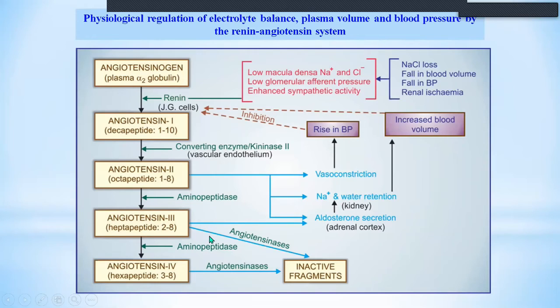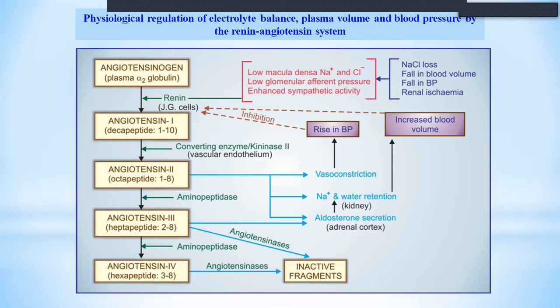Angiotensin 3 acts on the adrenal cortex, and aldosterone is secreted, so sodium and water retention occurs in the kidney. If sodium and water are increased, then increased blood volume will be present.